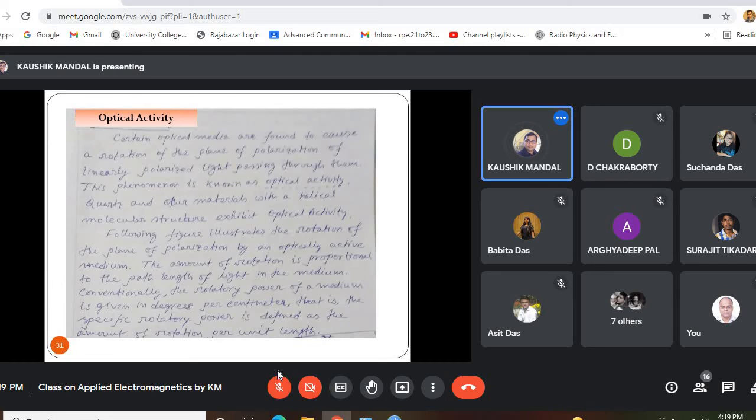That is defined in this particular slide. In certain optical media, it is found that they cause rotation of the plane of polarization. That means the plane of polarization will rotate when light or an EM wave passes through the corresponding medium.